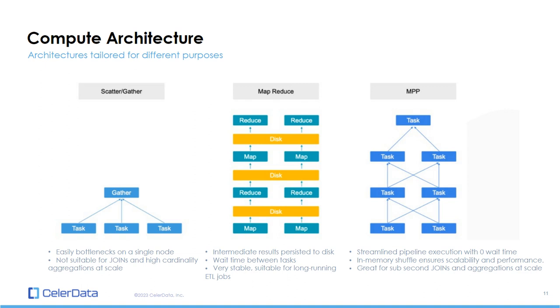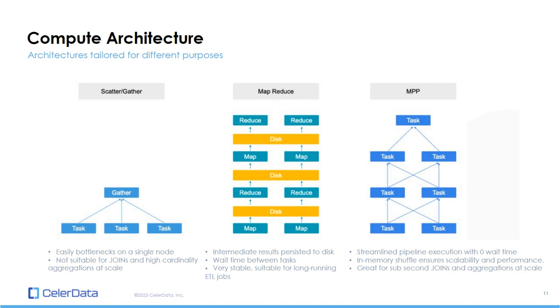And each intermediate result is persisted to disk, right? Because they do a lot of ETL jobs, and join is necessary, right? And they support shuffling, but with the shuffling service, all of the intermediate results are persisted to disk. So the performance for low latency is definitely not satisfactory.